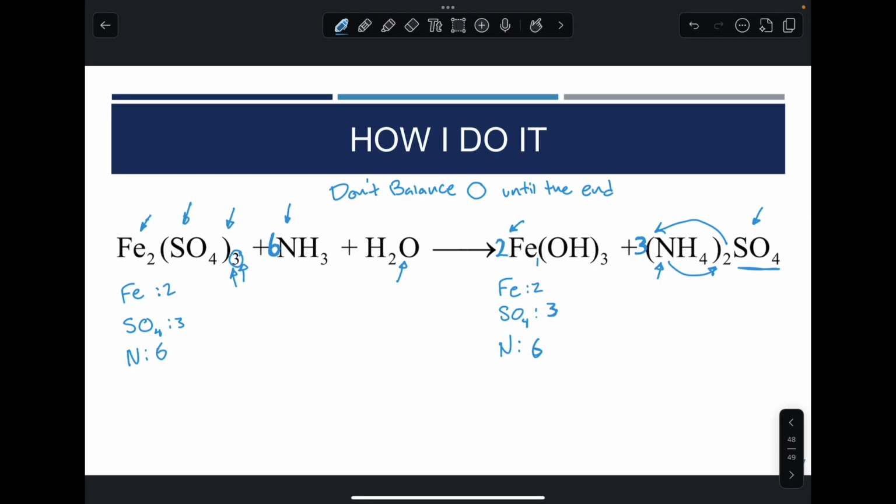Sometimes, like I said, hydrogen just slides into place, and so we're going to balance the oxygen actually before the hydrogen because the hydrogen is just really along for the ride, and we might not have to balance it at all. And so we'll go with oxygen. On the left-hand side, there's currently 1 oxygen that is part of this H2O.